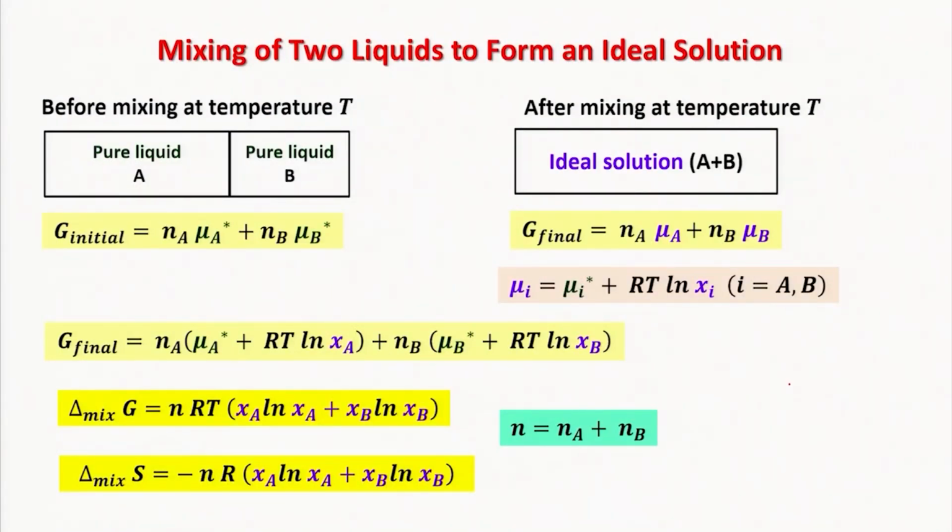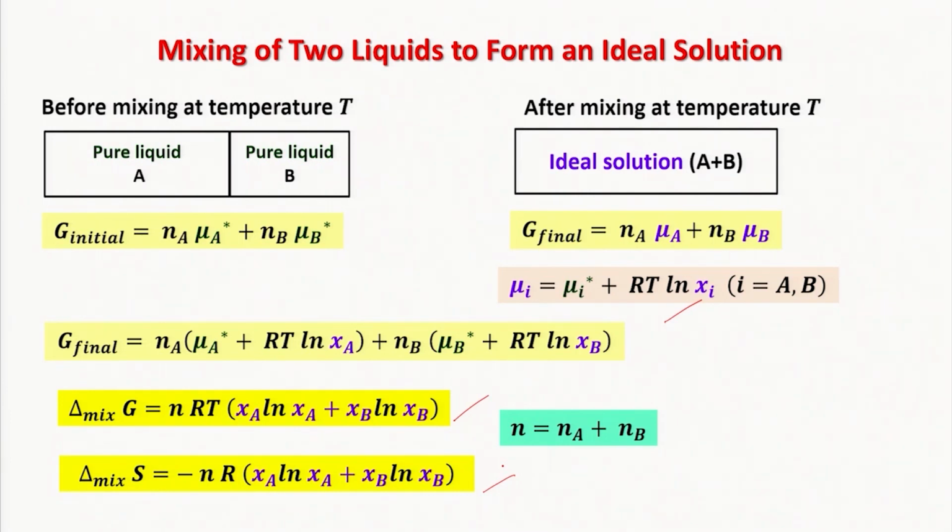So you have already seen that with this description in the background, we can have a generic description of the Gibbs free energy of mixing for the two liquids and the entropy of mixing of the two liquids. And interestingly, simply because we have a similar type of expression for the chemical potential, I have preserved the analytical expression for delta G mixing and delta S mixing.